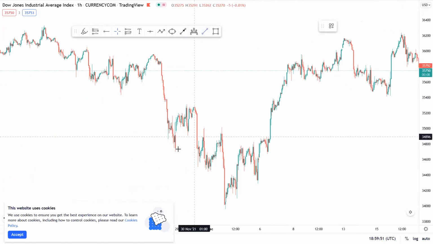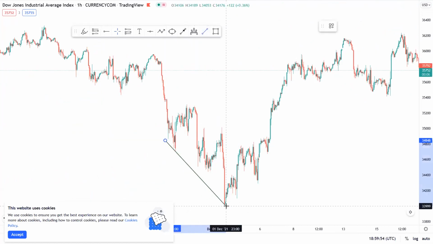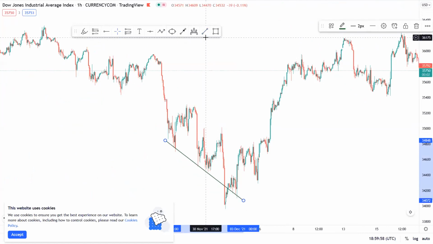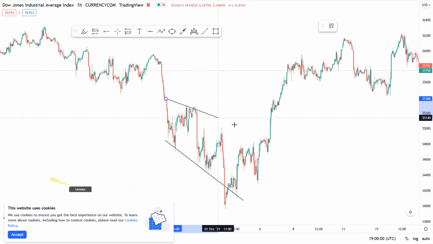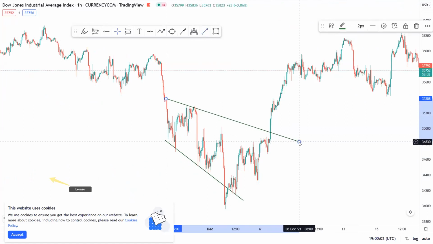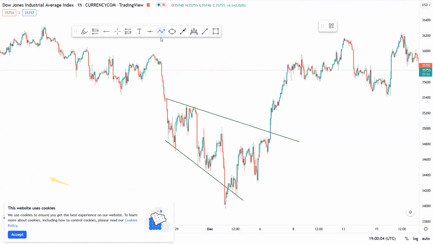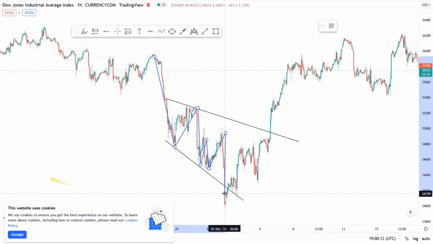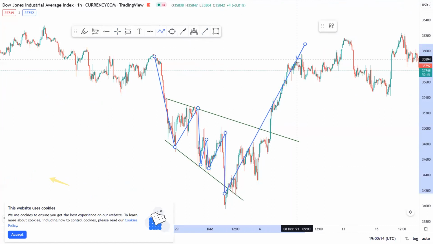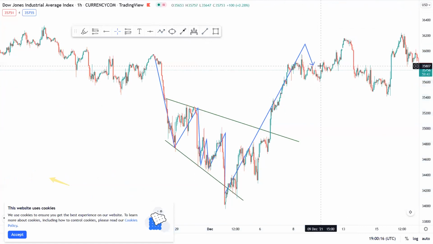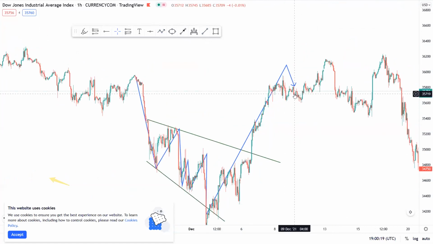Even here, we had the same thing. We moved from the bottom, came here, here, here, and then the next thing went to the top, TP hit. So it's simple, guys, to spot certain patterns.